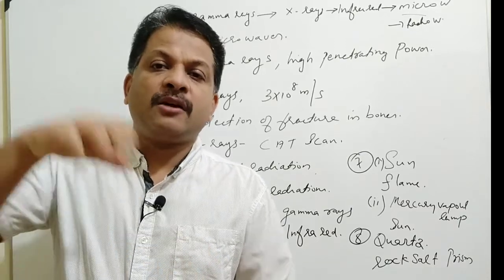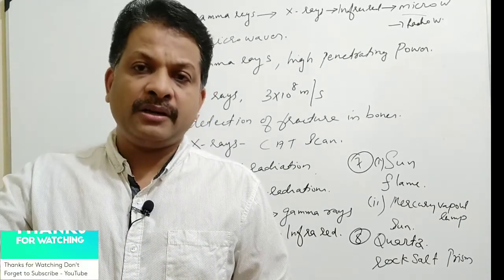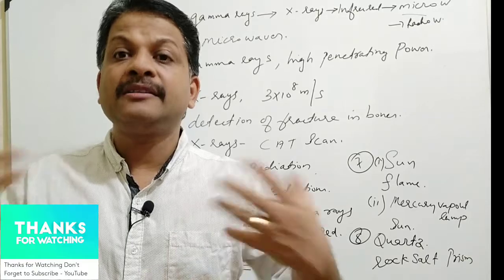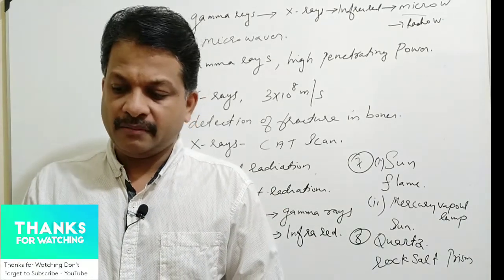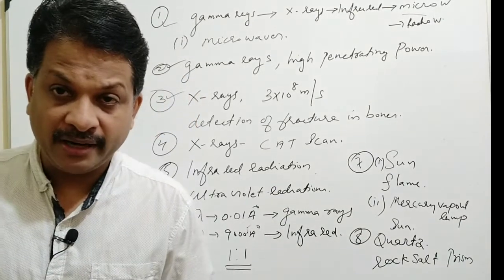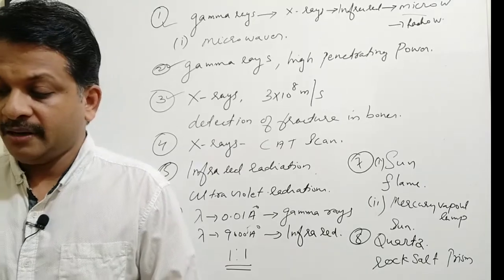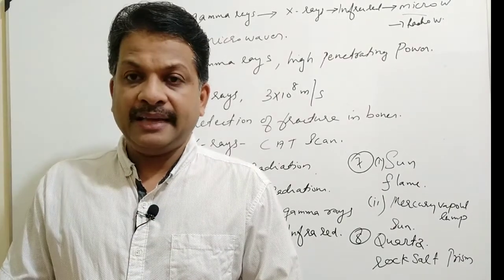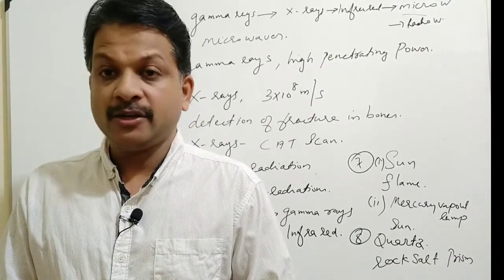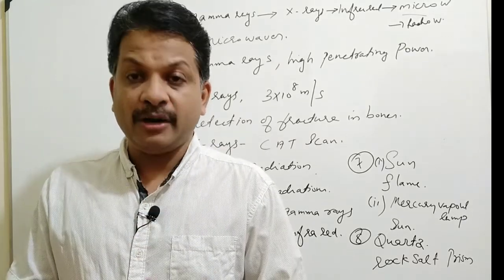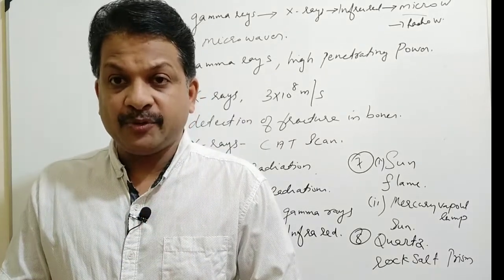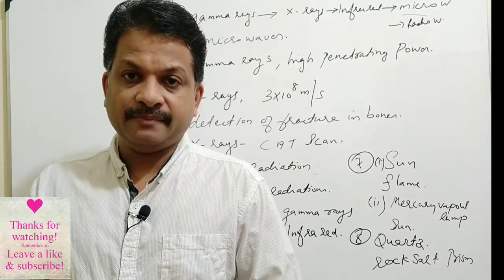Glass will absorb the ultraviolet radiations and it will not go out. We will not receive any ultraviolet radiations, because glass will absorb ultraviolet radiation. That's why ultraviolet bulbs have an envelope made up of quartz. Quartz material does not absorb ultraviolet radiations.